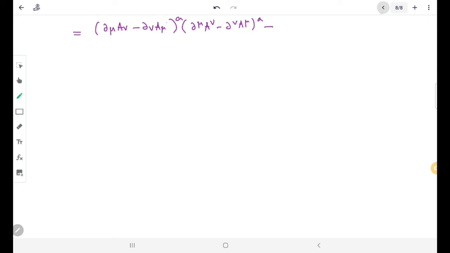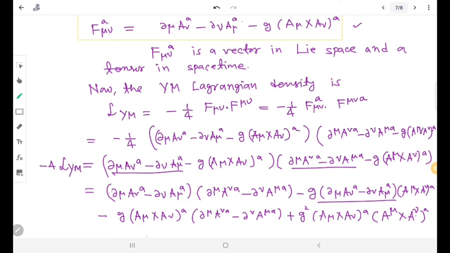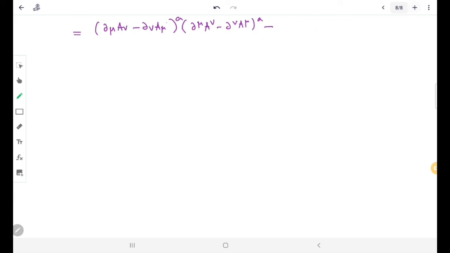And the third, and so this term and this term, these two terms just add up, and after summing them we get 2 and g. So a mu cross a nu, and here we have a, and then partial mu a nu minus partial nu a mu, and overall a factor of a.